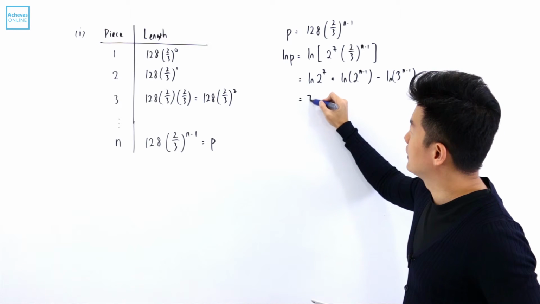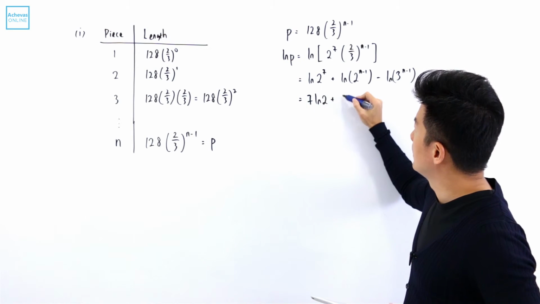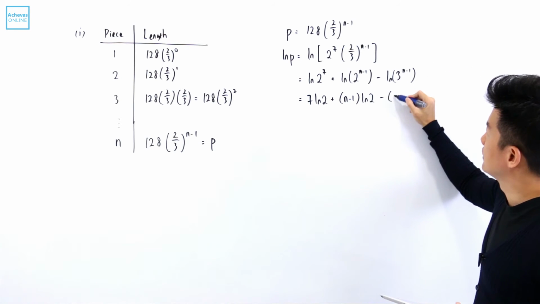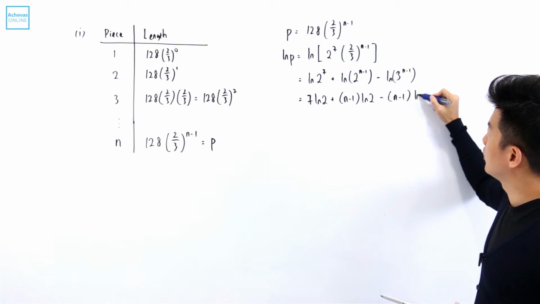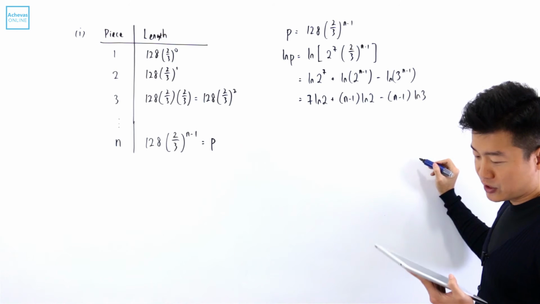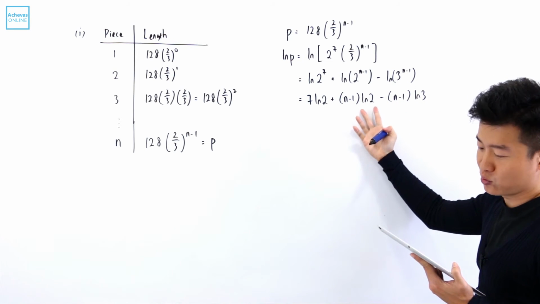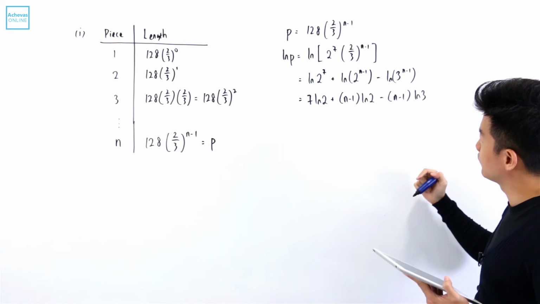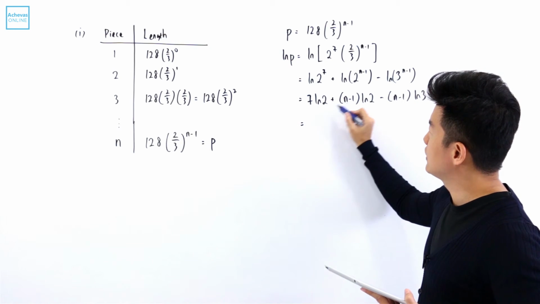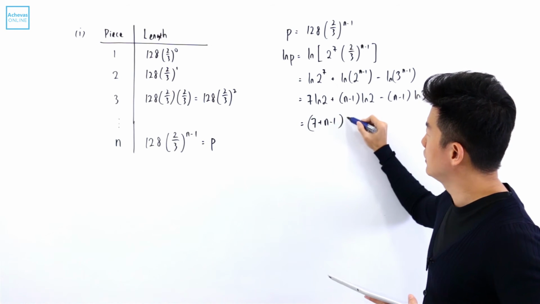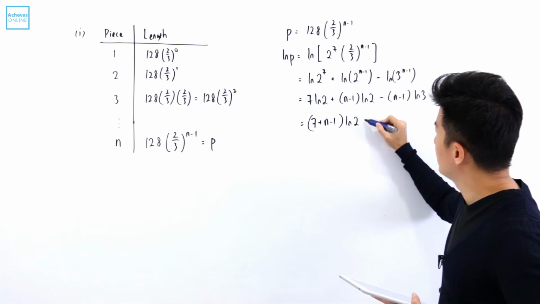So what I have here is 7 ln 2 plus n minus 1 of ln 2 minus n minus 1 of ln 3. The question requires us to re-express this in terms of ln 2 and ln 3. If I combine, it is 7 plus n minus 1 of ln 2.